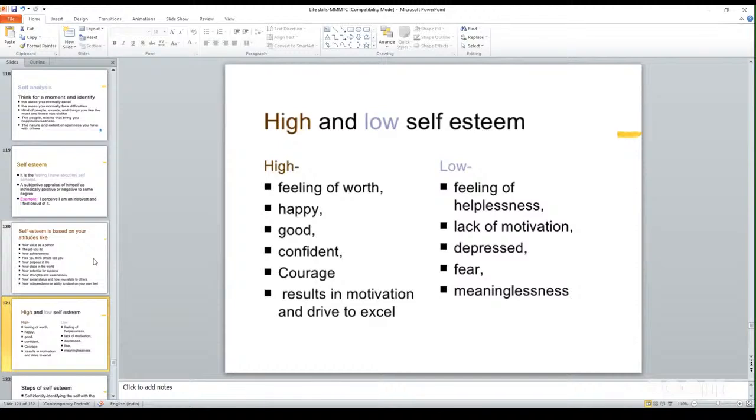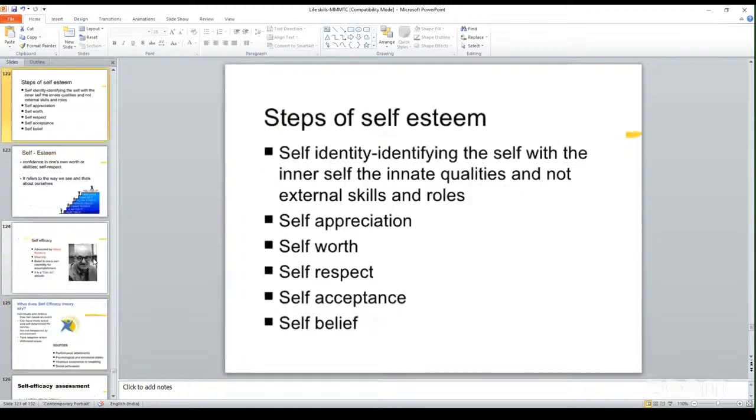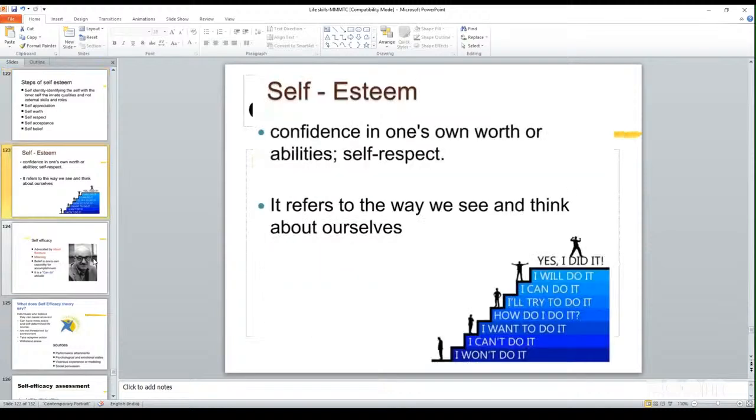Whereas the person with low self-esteem may consider his life meaningless. So that also can happen. So consider yourself, and as a teacher, I would like you to have a higher self-esteem rather than a lower self-esteem trend.